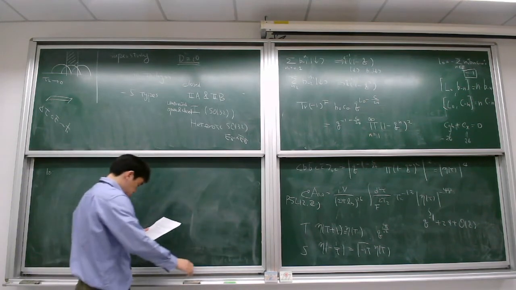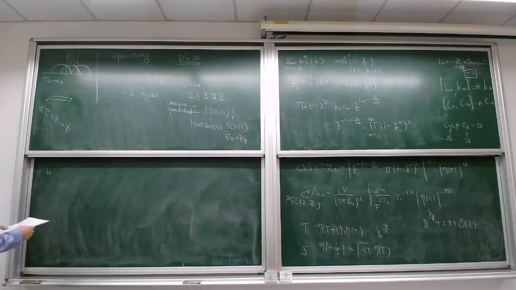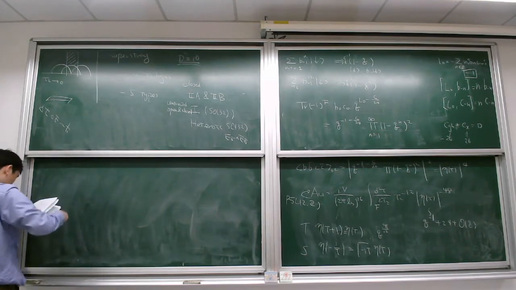Okay, so there are 2 major formulations of superstring. One is the worldsheet viewpoint, and the other is the space-time viewpoint.